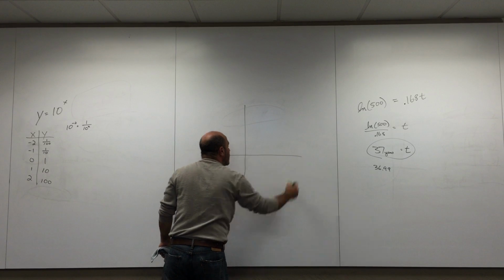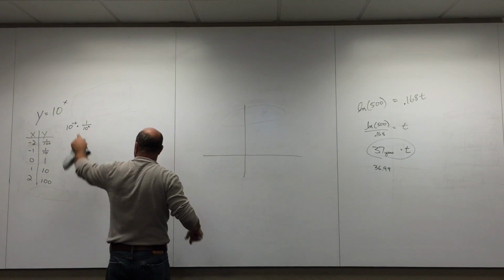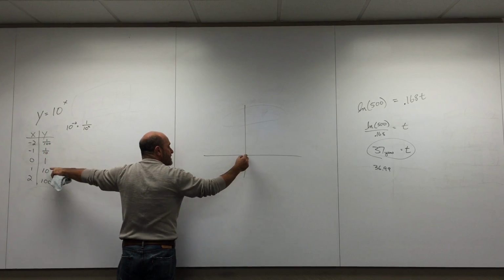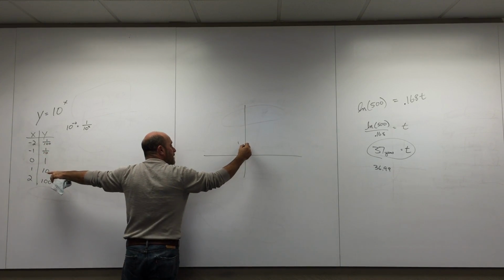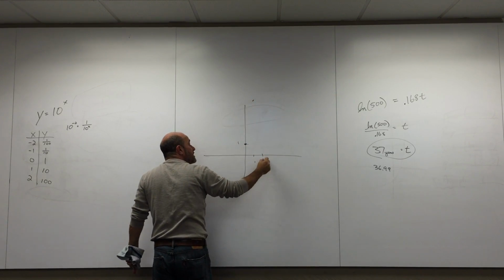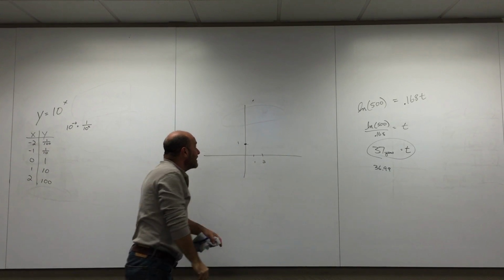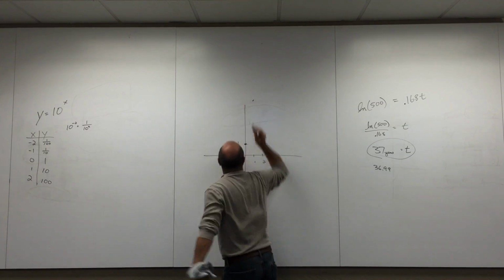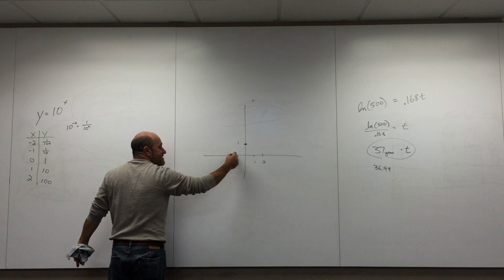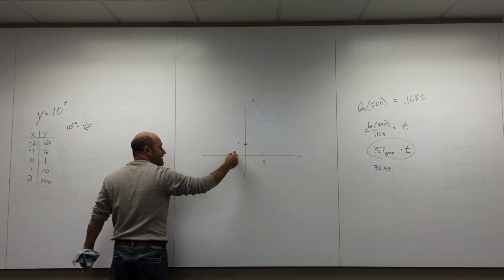It looks a lot like those other ones. Maybe it's a little steeper because it's base 10. What does it look like? At 0 it was 1. At 1 it was 10. At 2 it was 100. At -1 it was 1/10.